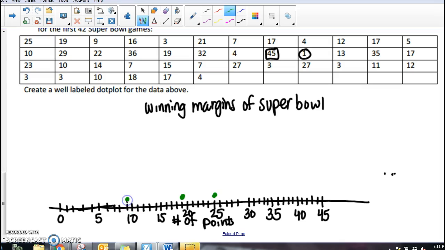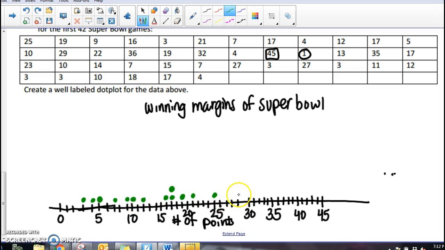So 9, 16, 3, 21, 21, 7, 17, 4, 12, 17. So now that we have another 17, we'll put it right above the first. And then you just keep going.